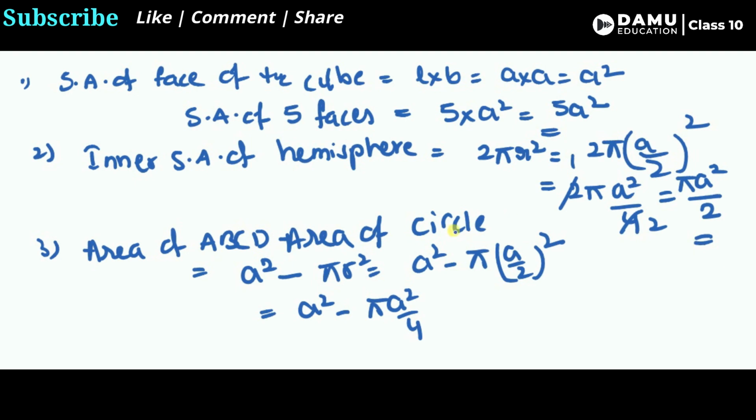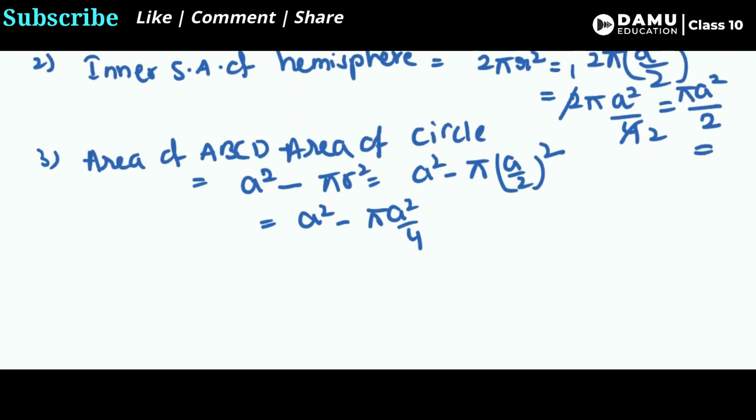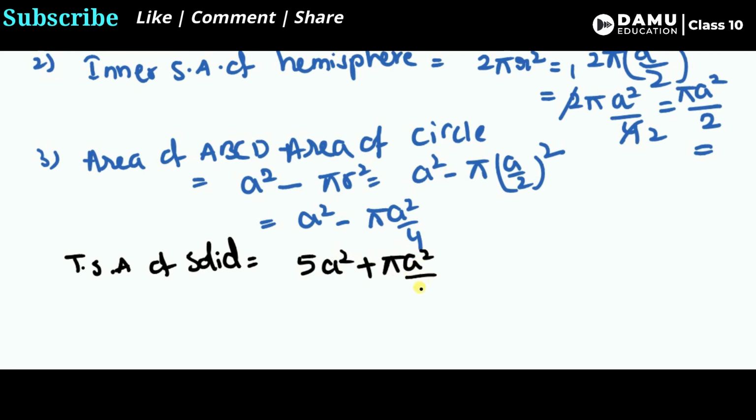Let's find out the required total surface area. The total surface area of the solid will be equal to the 5 faces, that is 5a square, plus pi a square by 2, the inner surface, plus a square minus pi a square by 4.